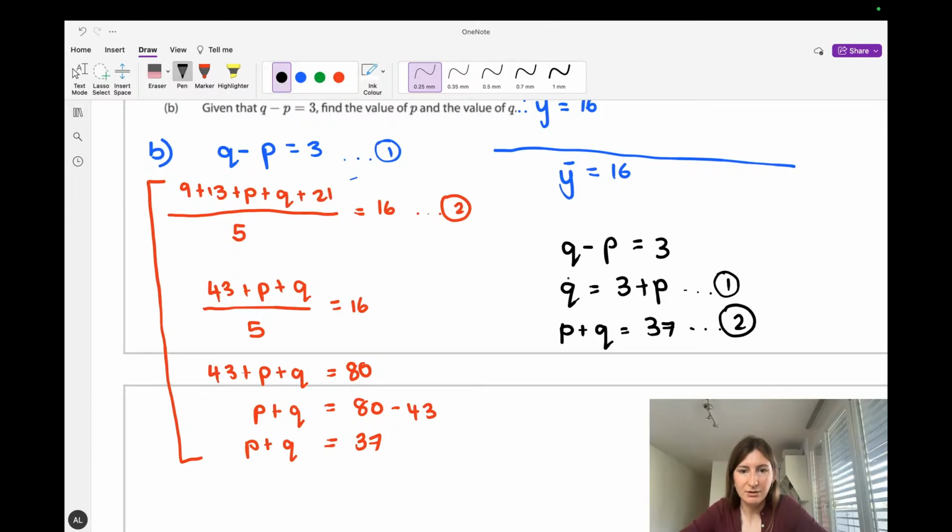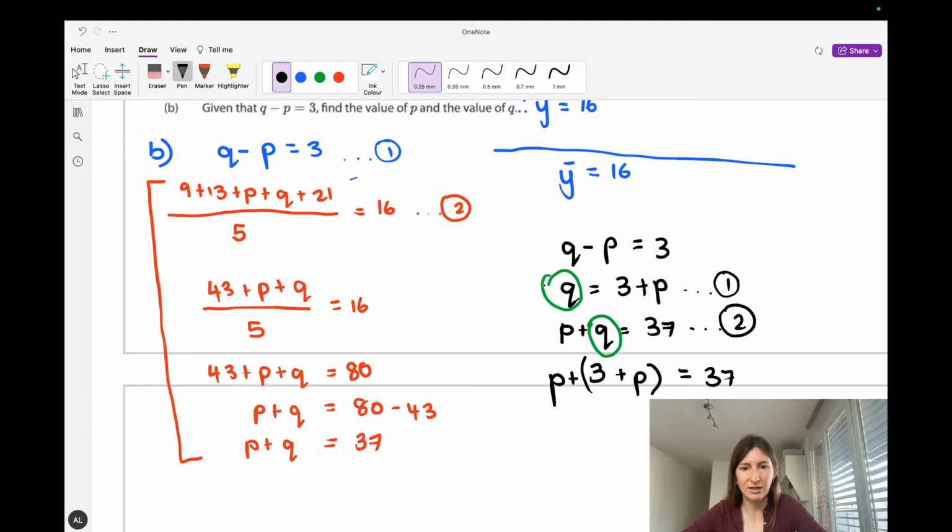All right, I'm going to substitute Q. Q is 3 plus P in place of this Q. So I only have P's. So that's going to be P plus Q. Well, not Q. I'm now going to use 3 plus P. Put that in brackets just in case there was a negative. Luckily, there's not. Is equal to 37.